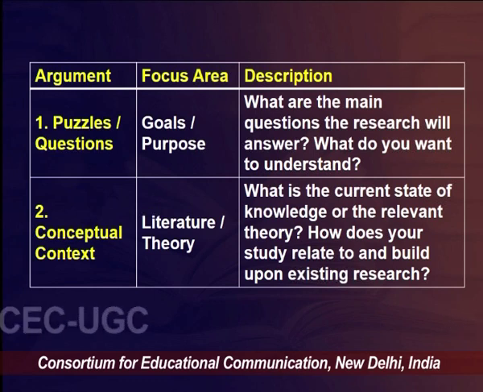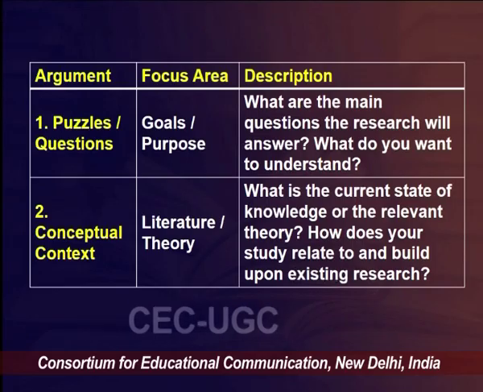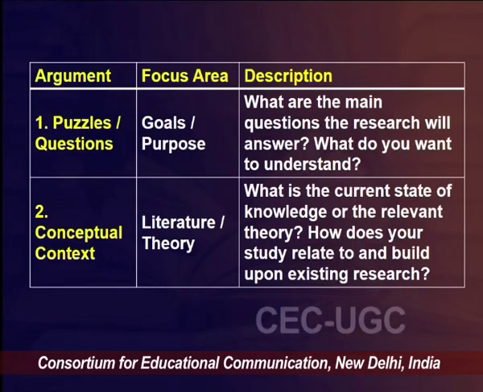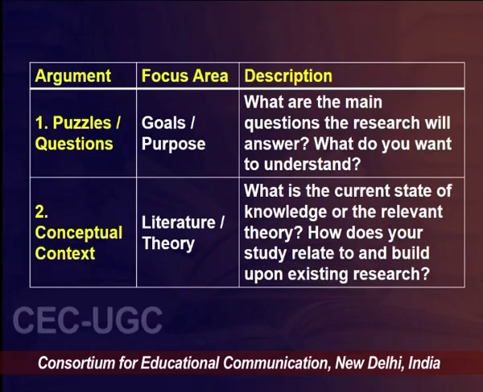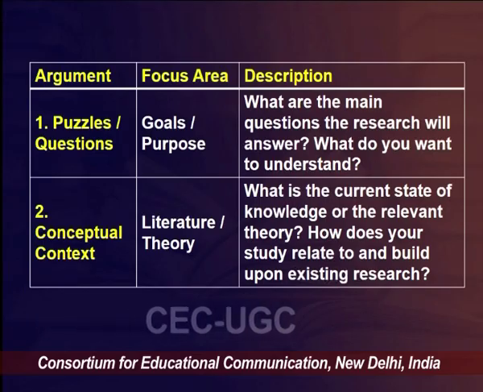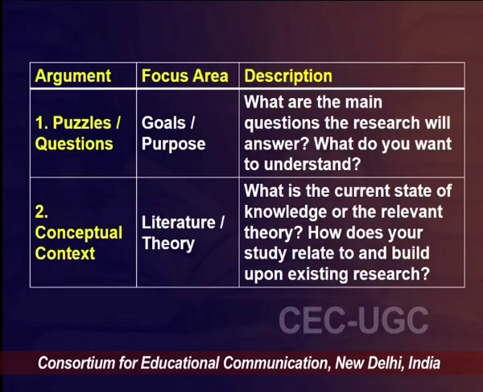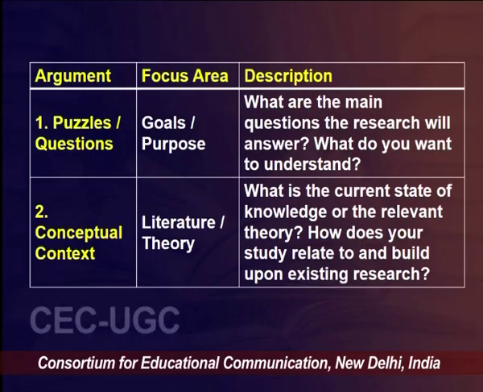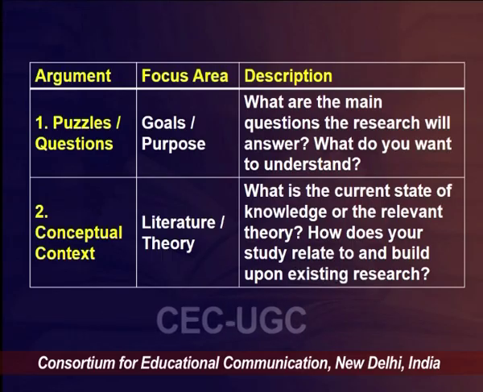The number 2 is conceptual context. Now, the focus area of concepts is the literature, the theory. So existing theory, or what we call when we write proposal, the theoretical insight. A number of hardcore theories, grand narratives are existing, generalized theories are existing.